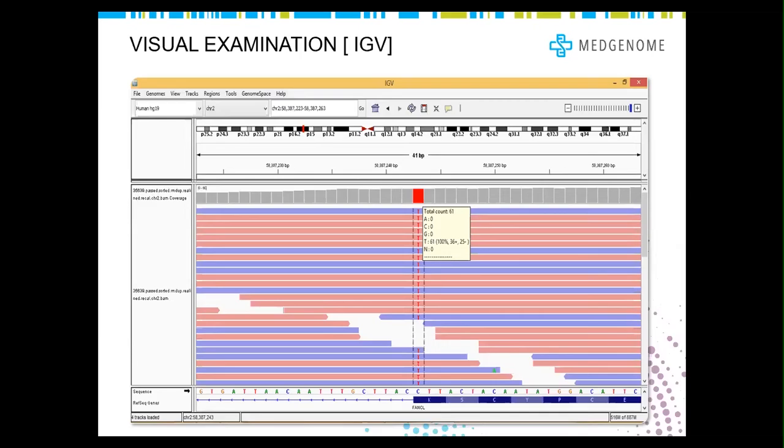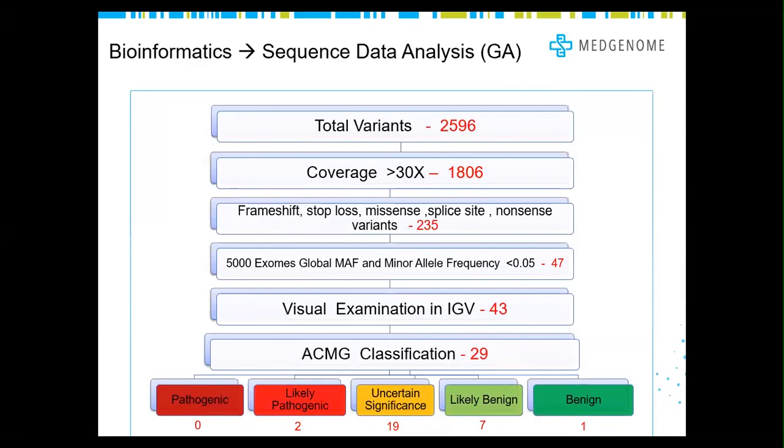Now when we use these filters, among the total variants which the bioinformatics team sends us, the next step is what a genome analyst would do. Based on the coverage of the gene, it should be more than 30x, and whether it is a significant variant, nonsense or a splice site or a stop loss.